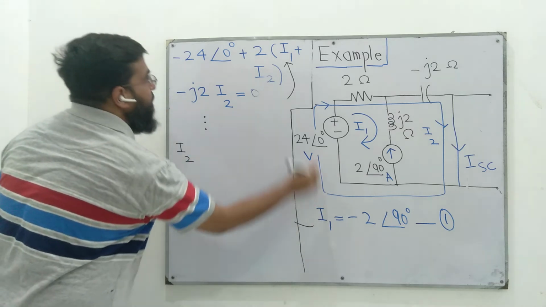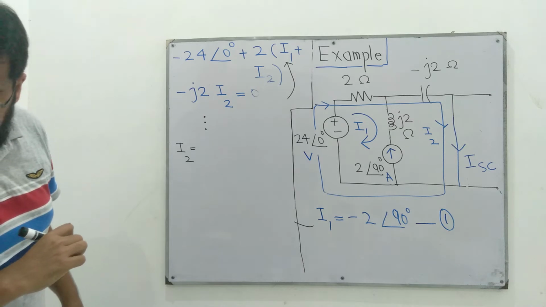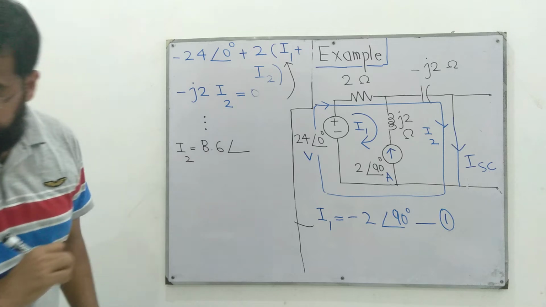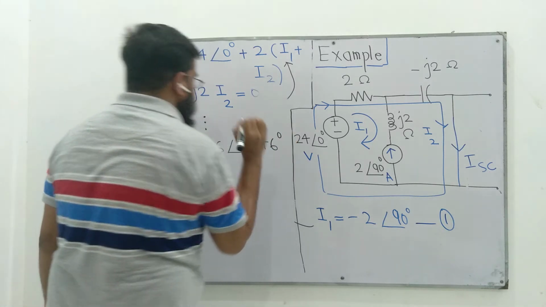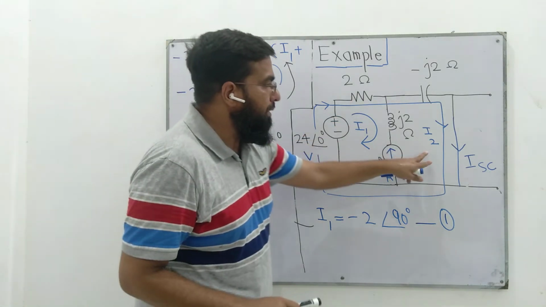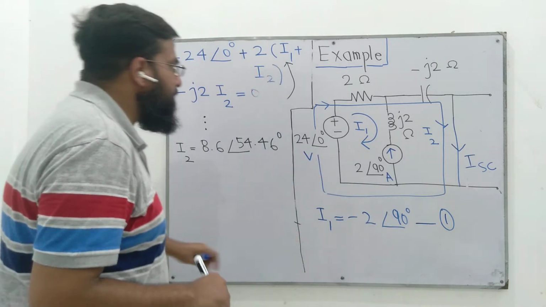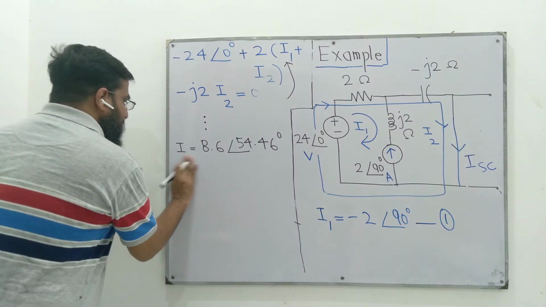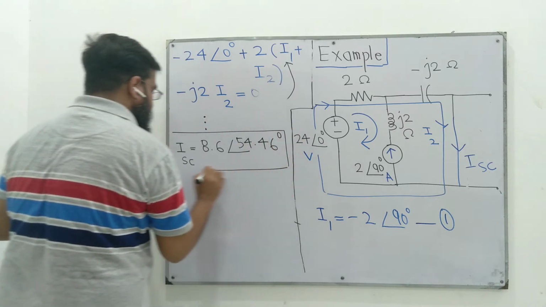Plugging the value of I1 in here and then solving for I2 gives us I2 is 8.6 at an angle of 54.4 degrees. Right. Since this I2 is the same as ISC, we have gone through step number 2, and this I2 can also be written as ISC because these two currents are the same.